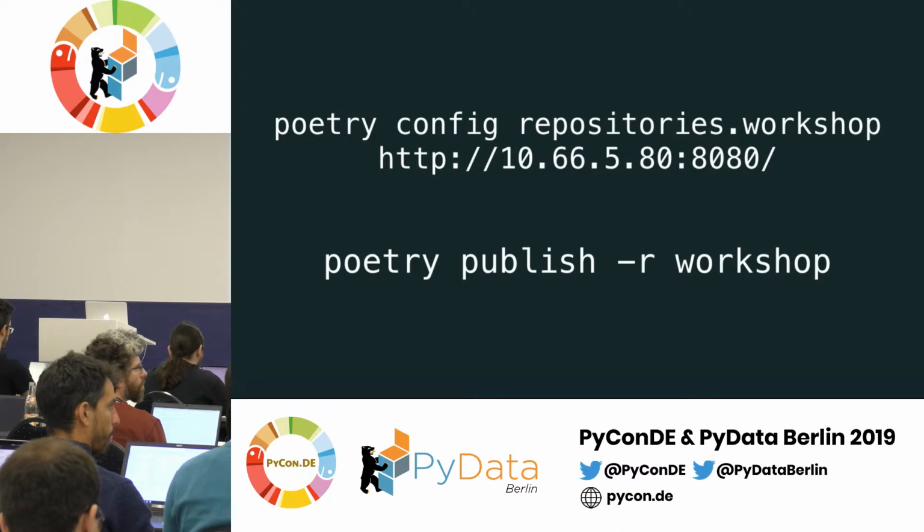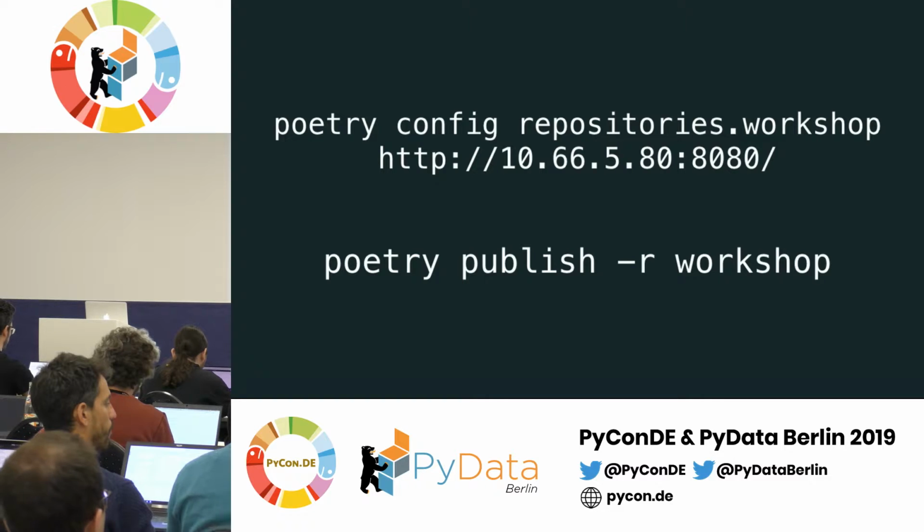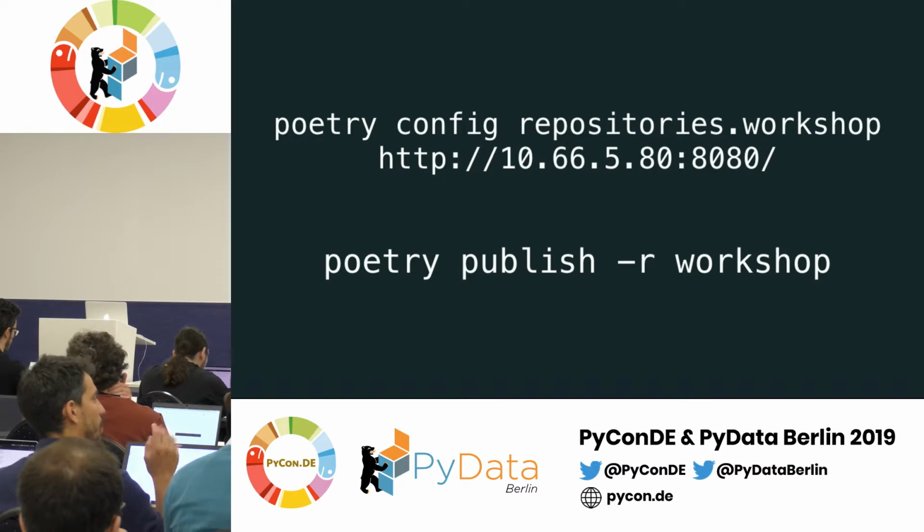I'm not sure if you can do that in the pyproject.toml, but if you do poetry add from the command line, then it will simply fetch the latest version for you. But there's a section in the documentation about versions, about downloading specific dependencies with versions, and also how you can version your own project.